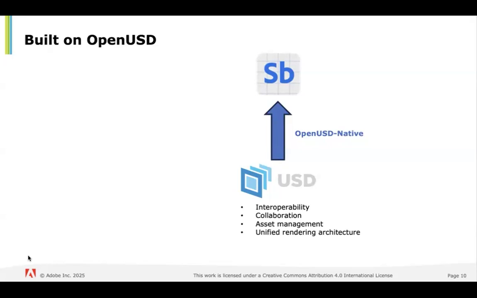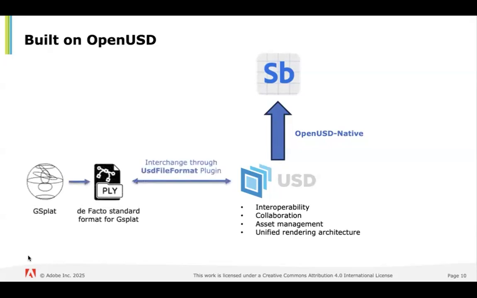And based on this, we developed a USD file format plugin that can convert many different types of assets into USD, including Gaussian splat, whose de facto standard format now is PLY. But then we can convert it using this plugin into USD when you import or export a Gaussian splat into or from the viewer.